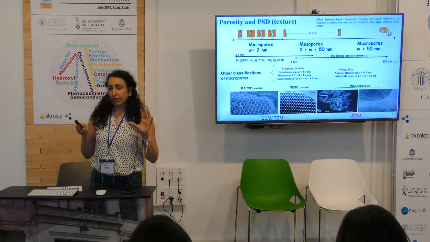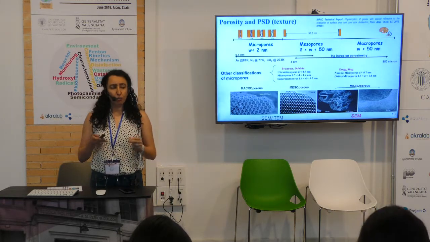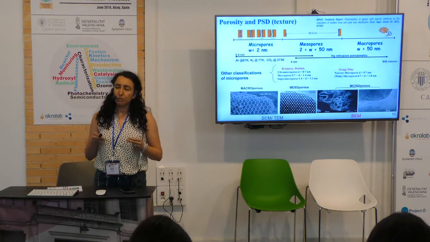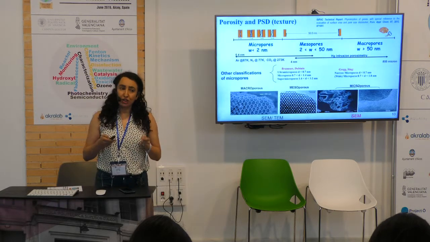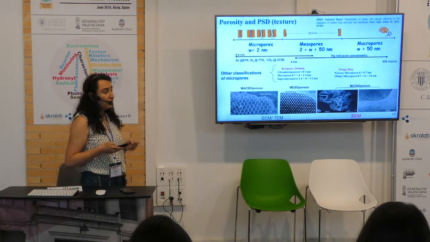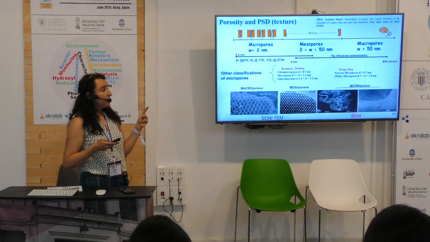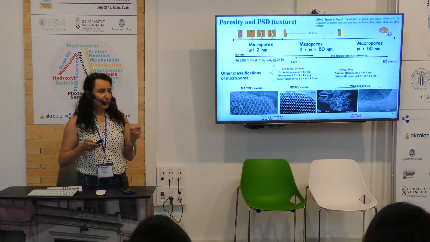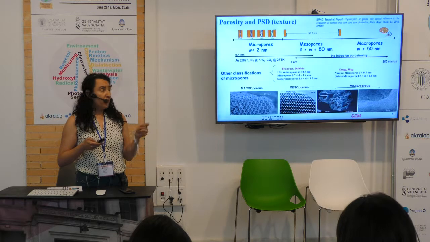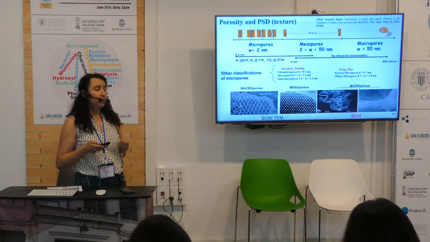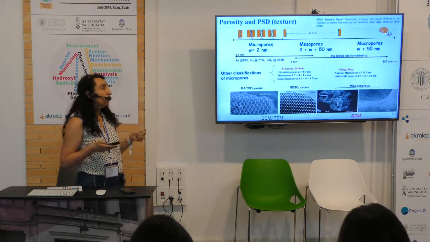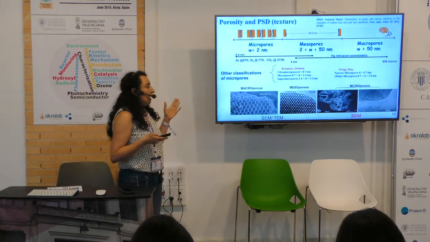This is important because the confinement of your molecule, if you have a porous material, is going to be very much dependent on the size of your pores. And the mass transfer is also going to be very much affected by the size of the pores, particularly when you have materials which are highly mesoporous.